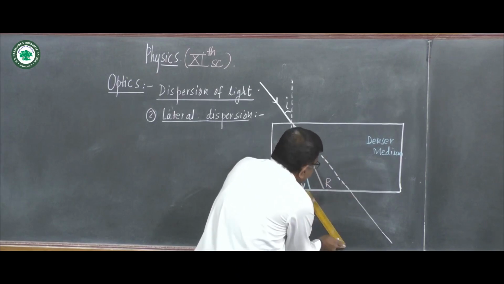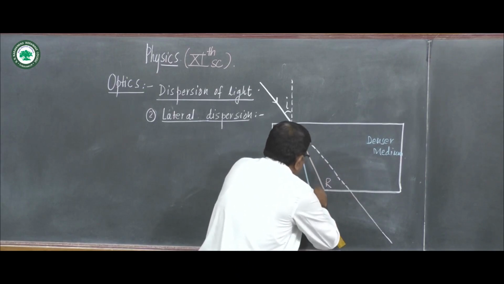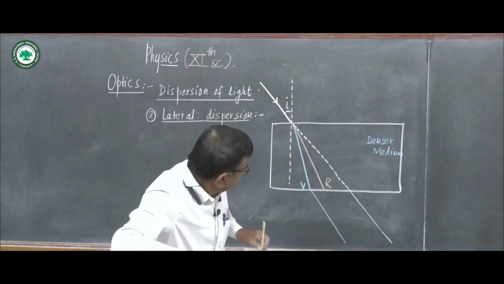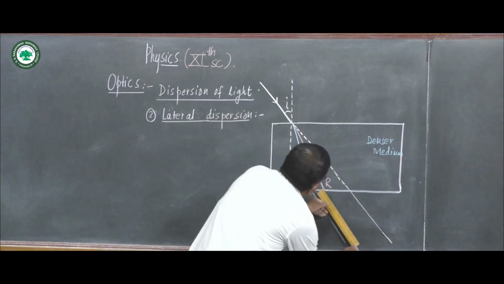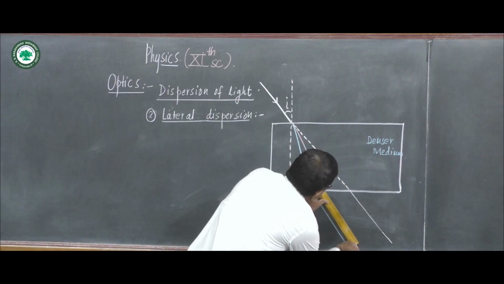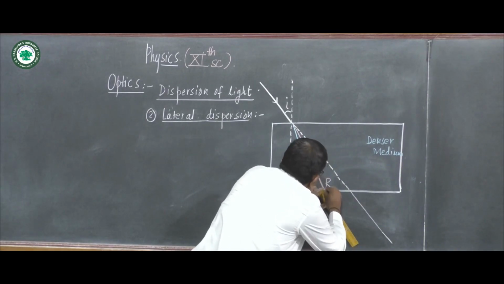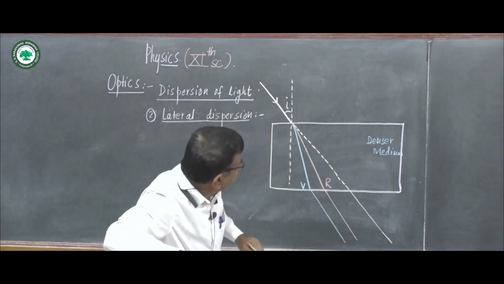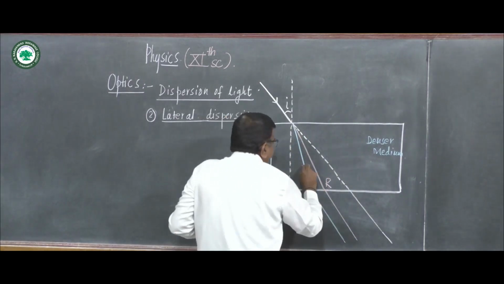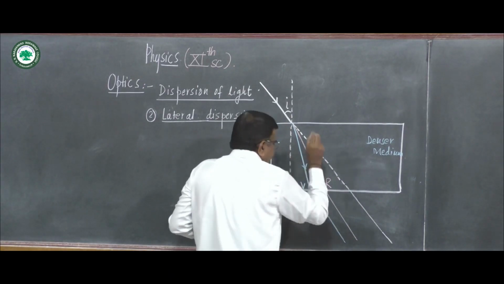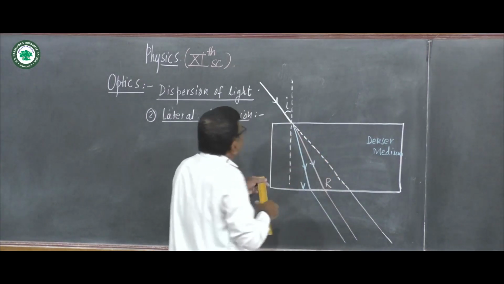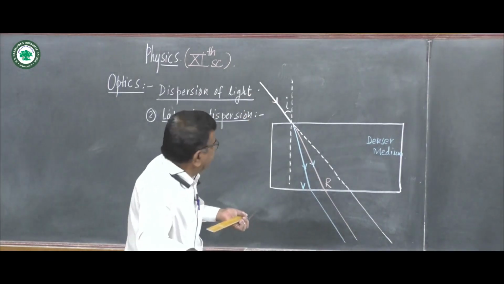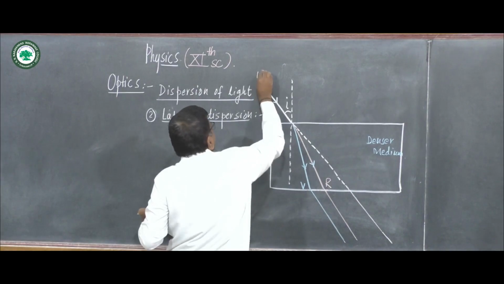That is the direction of incident light. This is the incident light, or the white light, polychromatic light.